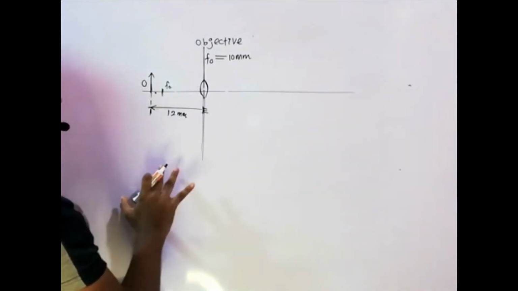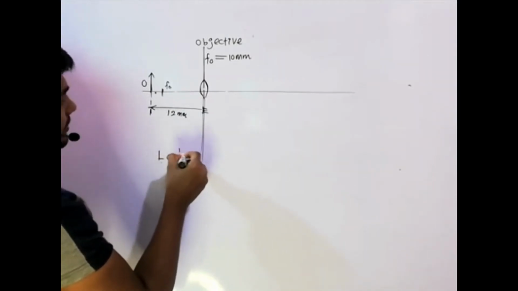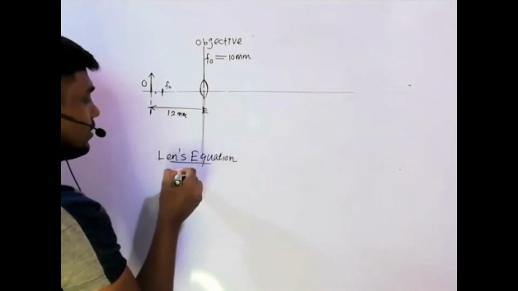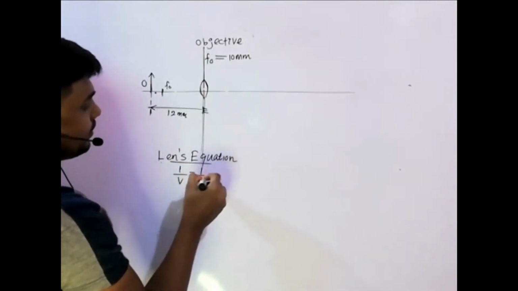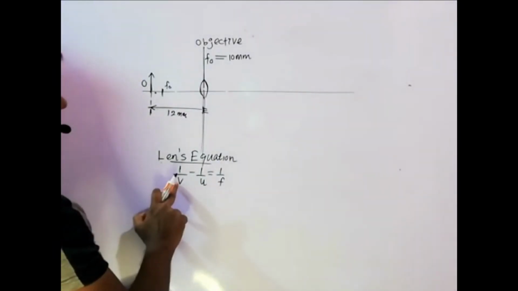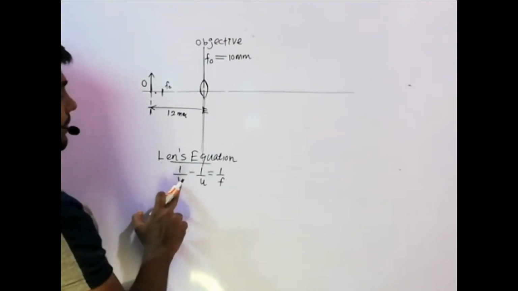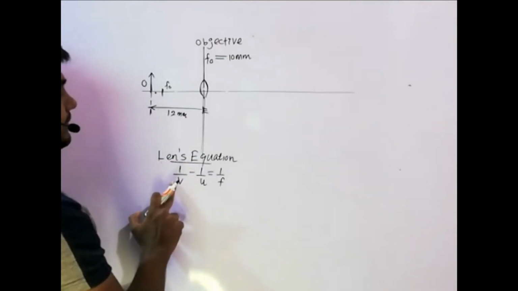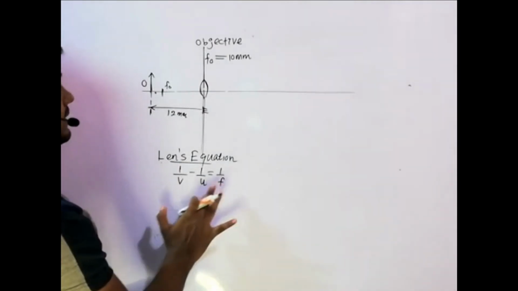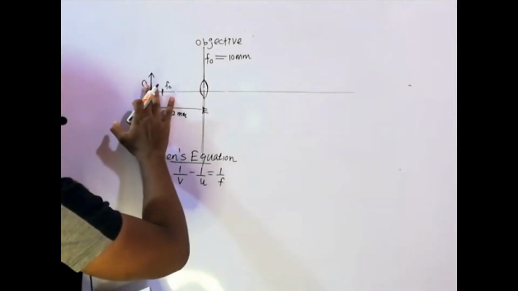Now I'm applying the lens equation: 1 over V minus 1 over U is equal to 1 over F. Image distance, that's what I want to find. So therefore, I'm not going to apply sign convention for V, but for the remaining two variables, I'll apply sign convention.